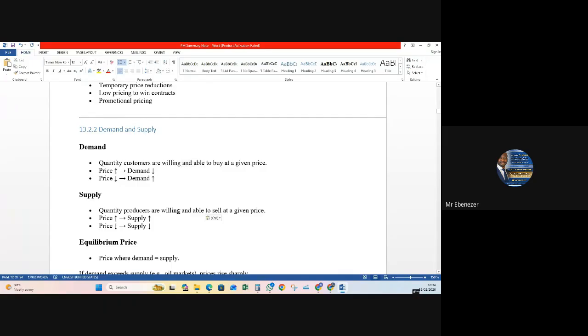Willing and able to sell at a given price. Now, supply has a different direction. It is opposite, right? Now, supply is that the higher the price, the higher the quantity that will be supplied. The lower the price, the lower the quantity that will be supplied.